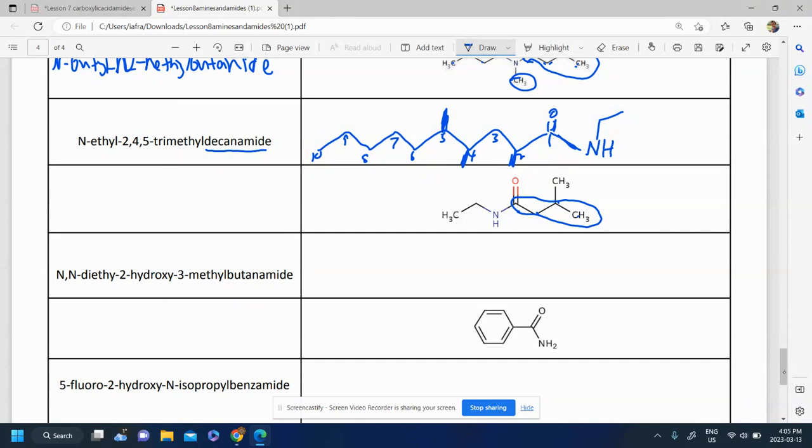We have an ethyl group over here and a methyl group over here. So we're going to have an N-ethyl and then a 1, 2, 3, 4, 3 methyl, and then we have 4, so butanamide.